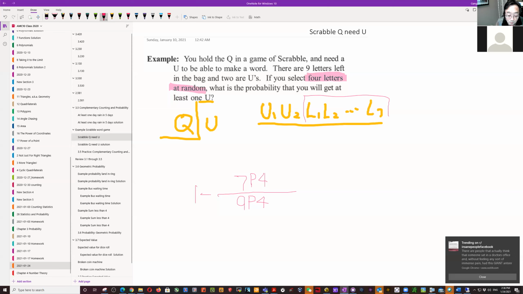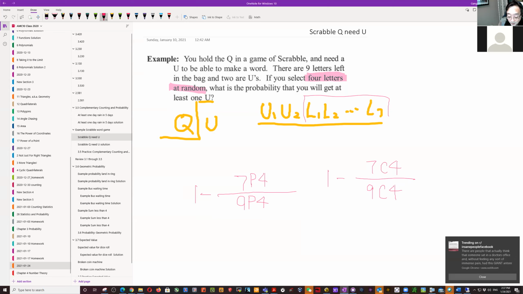Then you can also treat it as an unordered set. It's still 1 minus, and on the denominator it's just going to be 9 choose 4, and on the numerator it's going to be 7 choose 4.